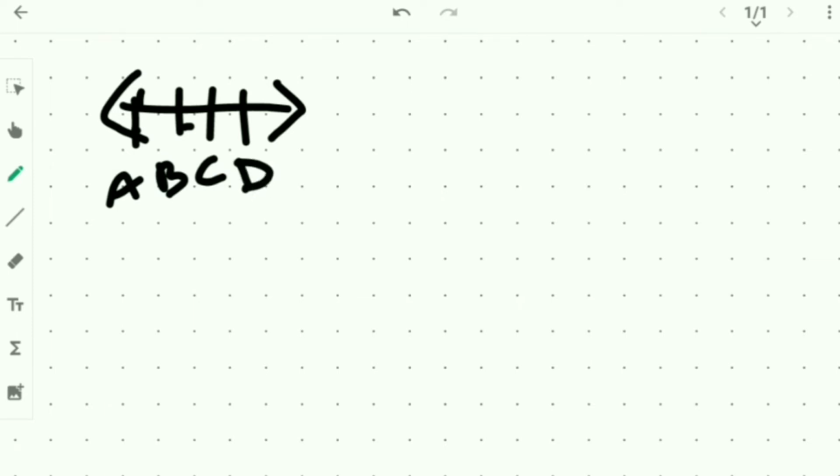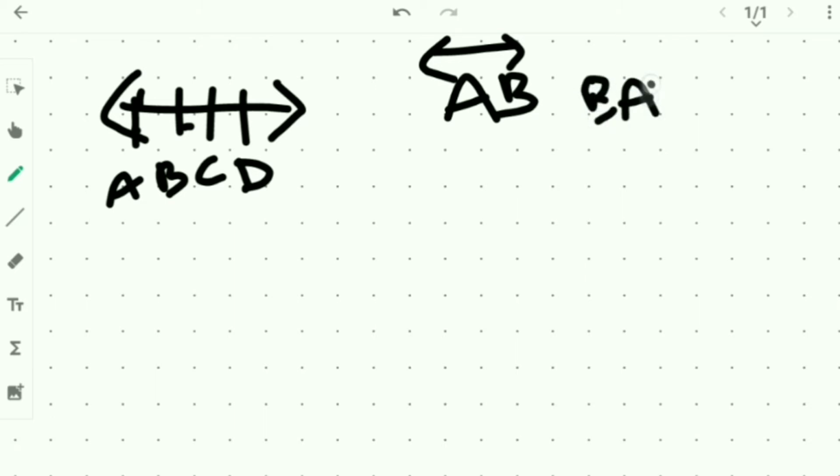And you have to name the line in 12 ways. How can you name it? The line can be named AB with a bar above it, 2 arrows, that side and this side. AB. It can also be BA. Okay.